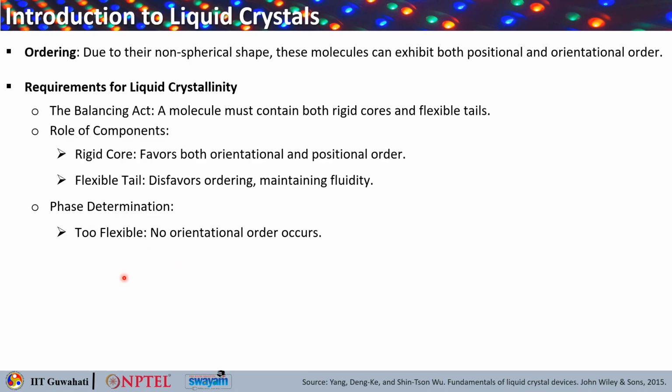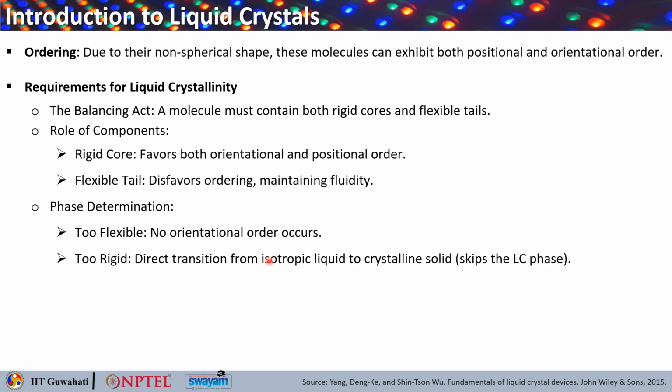And how to determine the phase? When it is too flexible, you will see that no orientational order takes place, and when it is at the other extreme, that is too rigid, there is a direct transition from isotropic liquid to crystalline solid. That means the intermediate step of liquid crystal is skipped in this case.